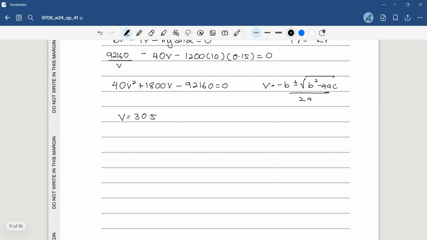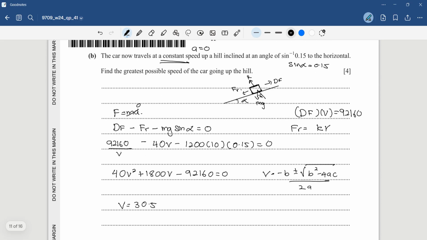You just need to know the diagram. The vertical part here is not really useful because the friction force is already given as kV, so we do not need to find the normal reaction. We use F_r as kV.